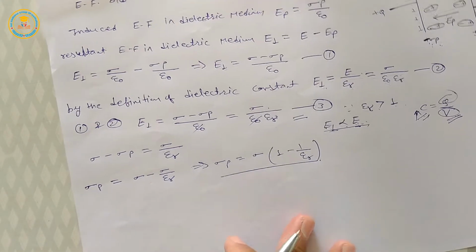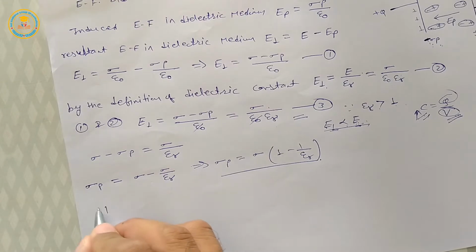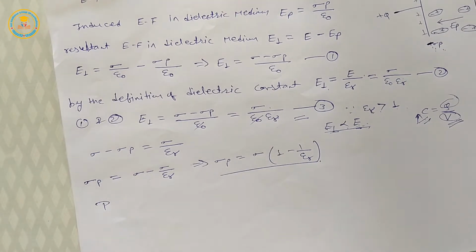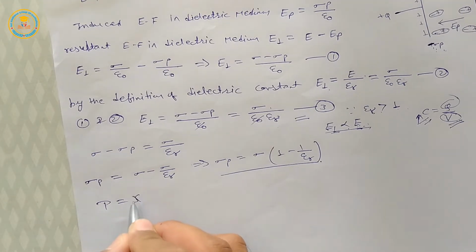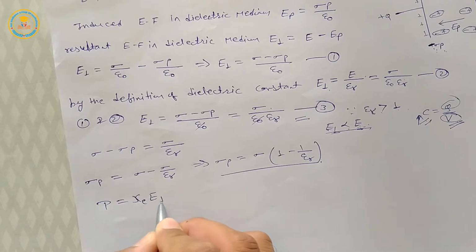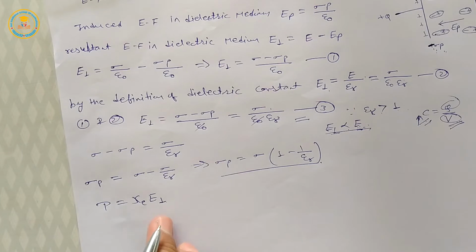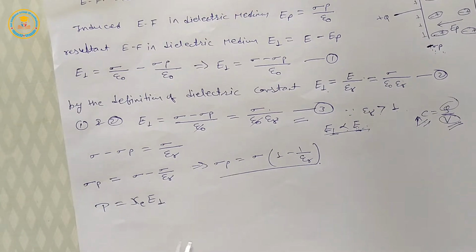We know that the polarization vector P is directly proportional to the electric field, and if we remove the proportionality, we write a proportionality constant chi e and multiply by E1. E1 is the resultant electric field, and here chi e is the electrical susceptibility.